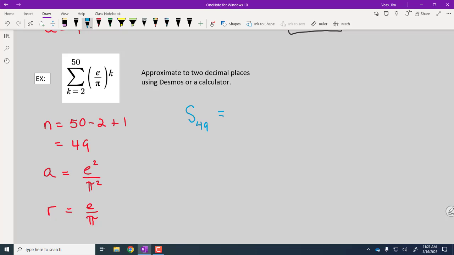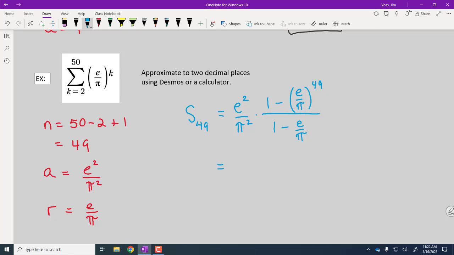So S sub 49, sum of the first 49 terms, which is all we have here, is going to be a, so e squared over pi squared, multiplied by 1 minus r raised to the n divided by 1 minus r. So there is our unsimplified, gnarly answer.